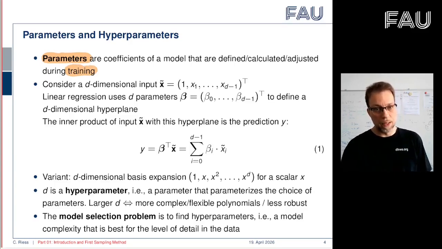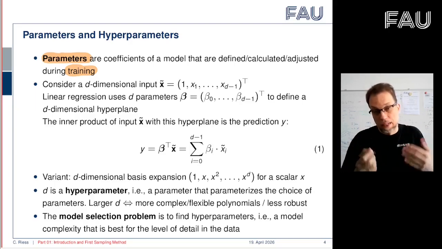Consider a d-dimensional input x tilde. The 1 is a constant here for technical reasons, and then we have d minus 1 inputs, the dimensions of x. Linear regression then uses the d parameters beta 0 to d minus 1 to define a d-dimensional hyperplane.